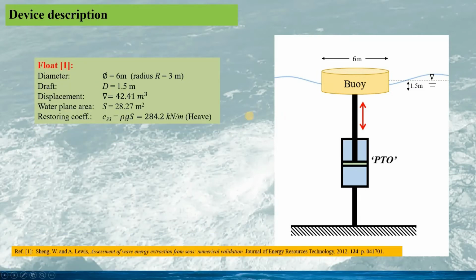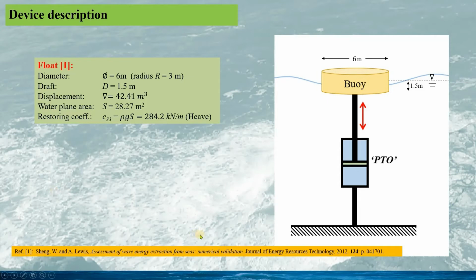The point absorber observed in this study has a diameter of 6 meters and a draft of 1.5 meters. Such a device would have a displacement of 42.41 m³, and the water plane area is 28.27 m², and the restoring coefficient for the heave motion C33 would be given as this, 284.2 kN per meter.